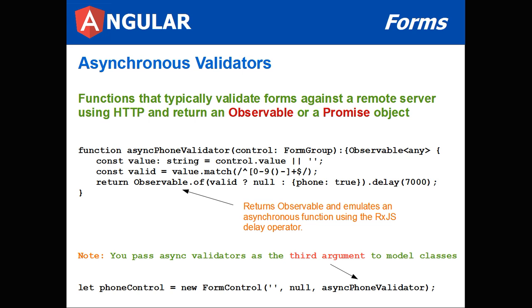And just to point out that when you have a form control, suppose you instantiate, define it to be a new form control, the async validator is the third argument of the instantiation of form control.